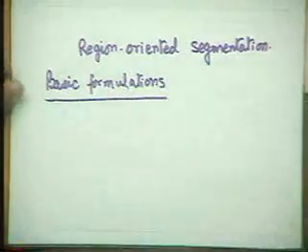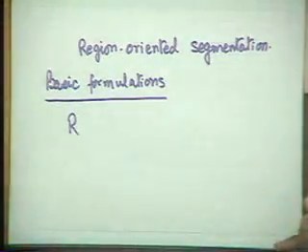Firstly, what we are trying to do in a segmentation. Somebody gives us an image, and we can think of it this way, that the entire image consists of one region R. Let R be a region that denotes the complete image.